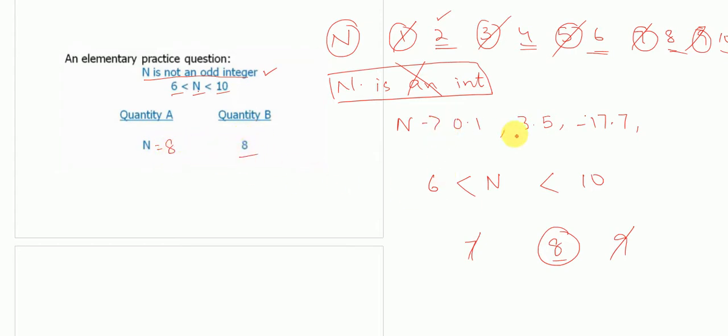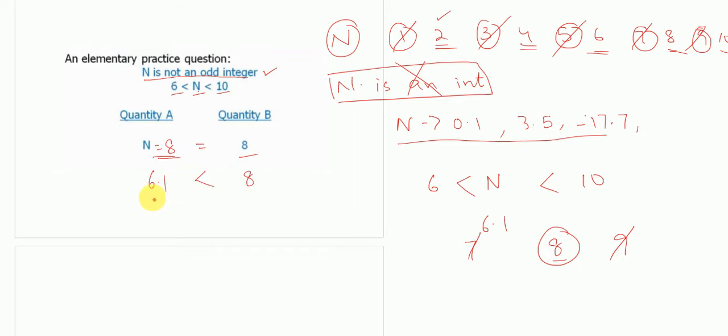No, because we also talked about how n could be any decimal number. Since n's value varies between 6 and 10, n could have an infinite number of values. n could be 6.1. So let's plug 6.1 here. Is 6.1 greater than or less than quantity B? It is less than quantity B. If we plug in 8, which is a valid value for the variable n, quantity A and quantity B are equal to each other.